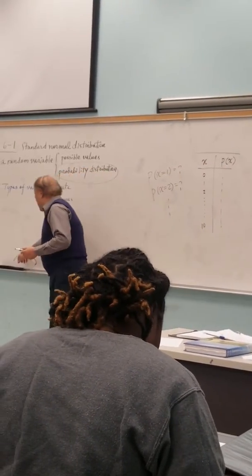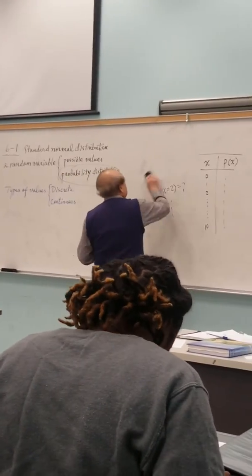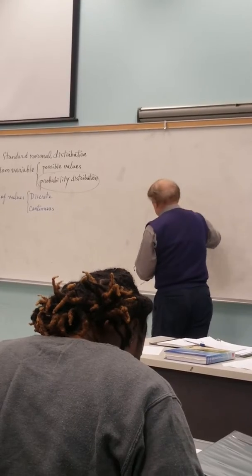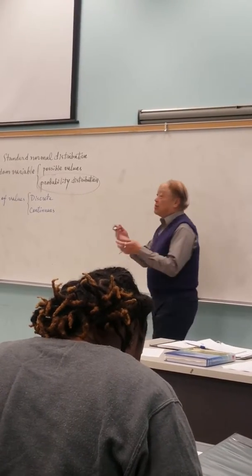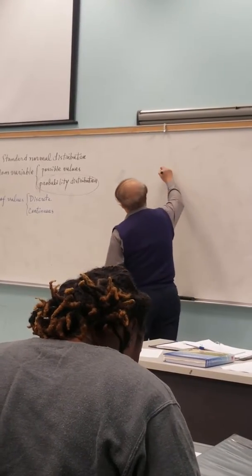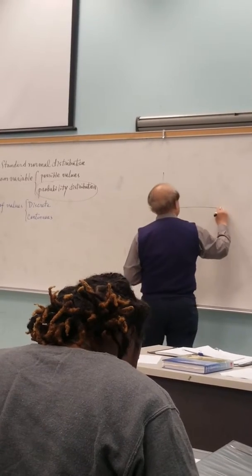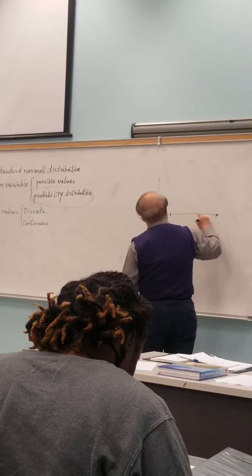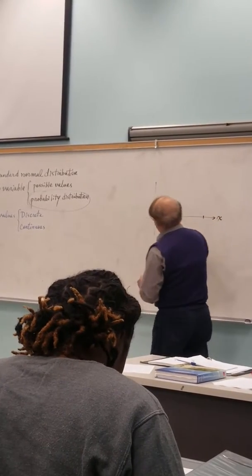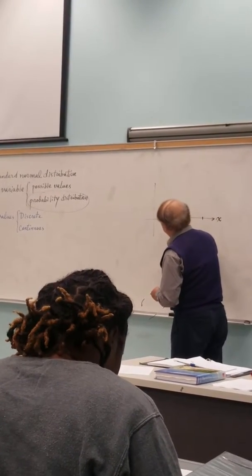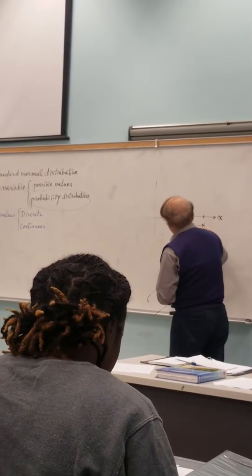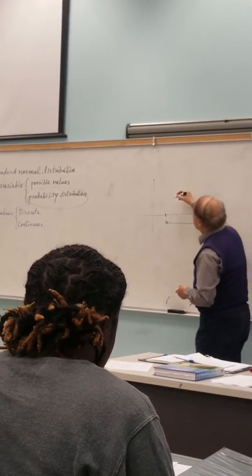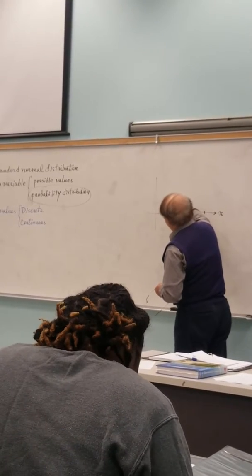In math 1 to 5, you studied some basic knowledge of functions. A function, you can graph it. Suppose the domain of the function is from here to here. The function works for these x values, and you can graph it.